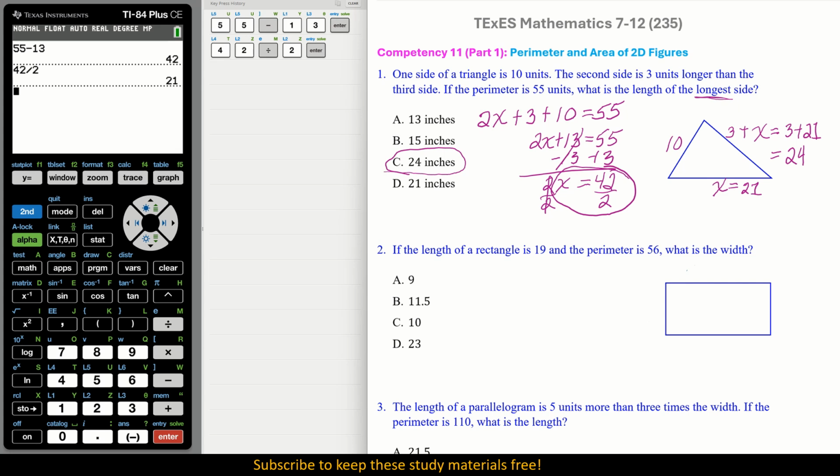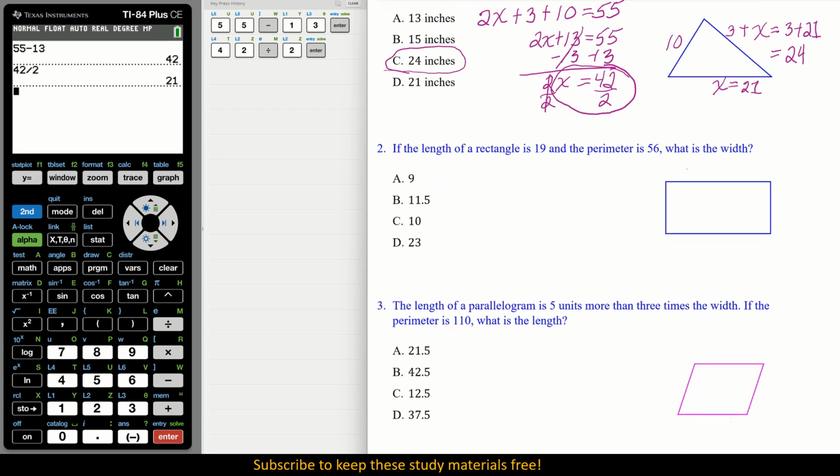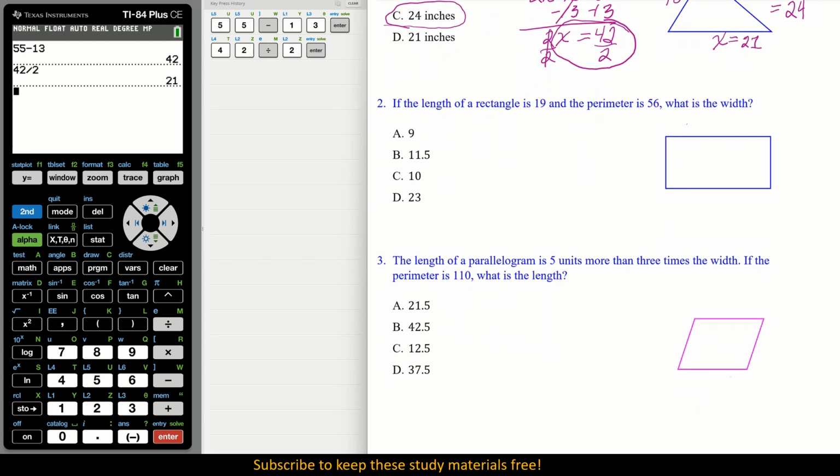All right. So let's see. If the length of the rectangle is 19 and the perimeter is 56, what is the width? Okay, so what do we have?